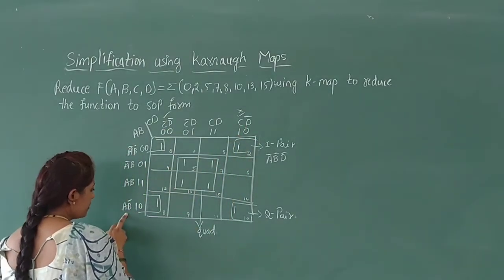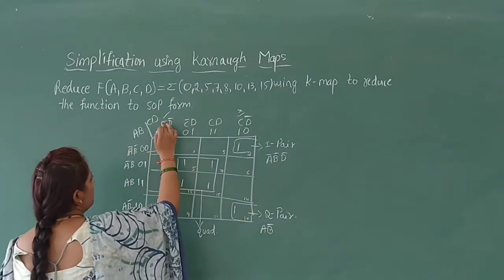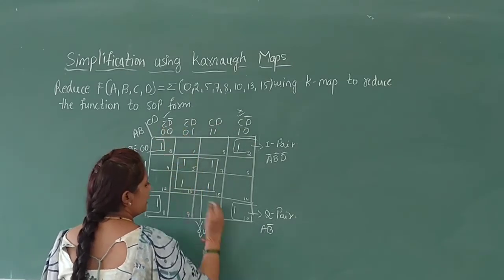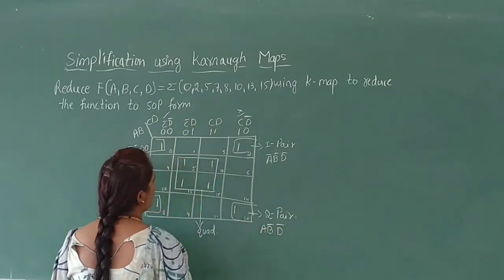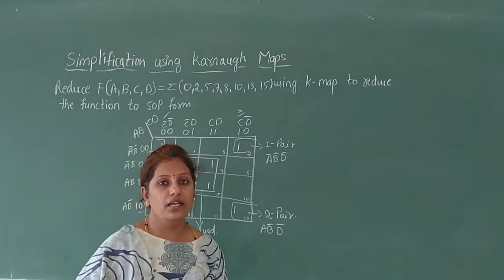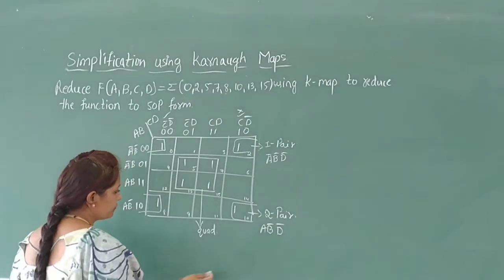A B bar is taken as same, and comparing two column values, C, C bar again removed, only D bar is taken out because the C variable value changes from complemented to uncomplemented value or vice versa.